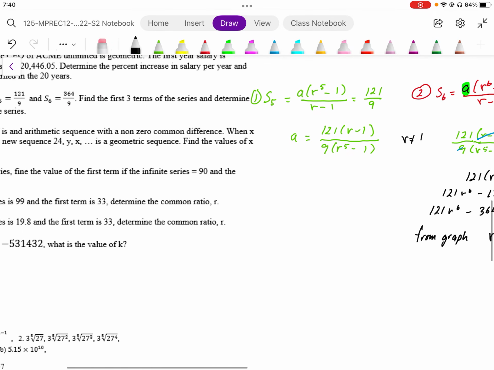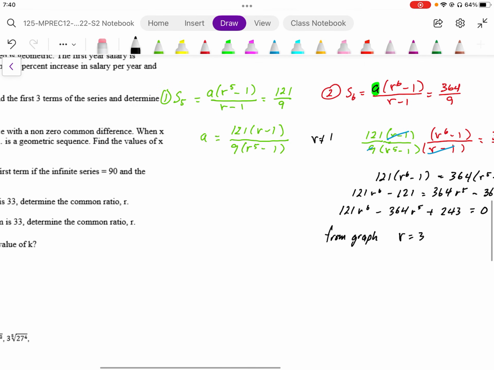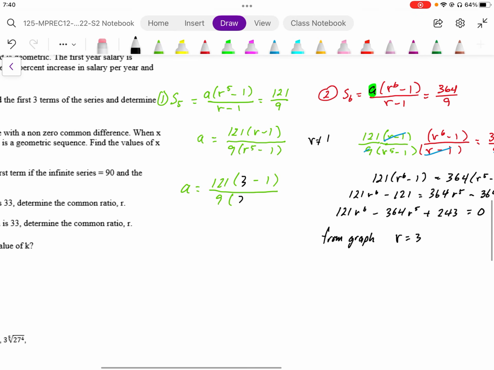So if R is equal to 3, we should be able to answer the question here. It says, find the first three terms of the series. First of all, I'm just going to solve for A. So I'm going to plug it into my first equation. A is equal to 121 times (3 minus 1) over 9 times (3 to the power 5 minus 1).